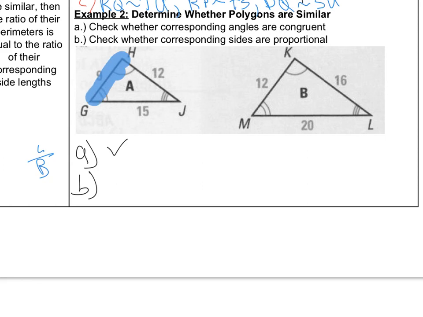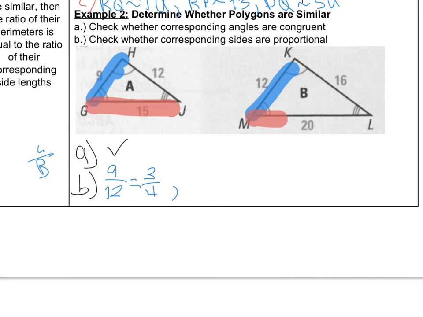So I'm going to say, okay, these two sides are corresponding, so we're going to say 9 over 12, which reduces to what? Put that in your calculator, and you should get 3/4. Again, you just put the fraction in and hit enter. Then this side, GJ and ML, those are corresponding parts.